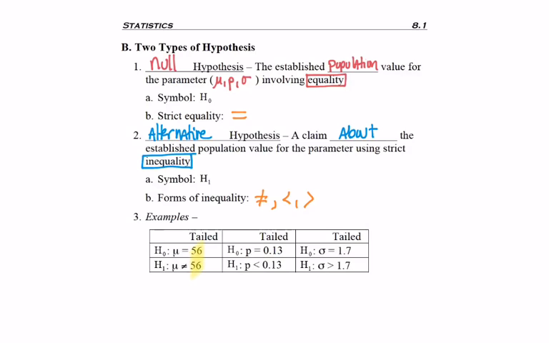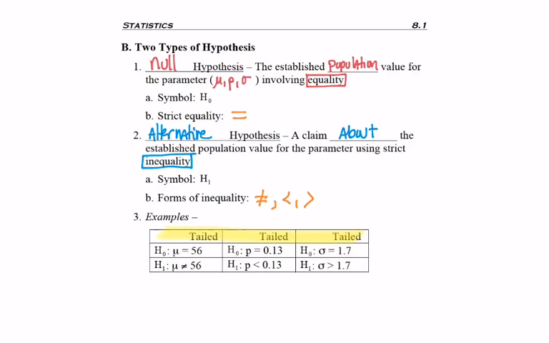And notice whatever number is used in H0 is always used in H1. So like in our Coke example, we would be using a 12 here because that's the population established value. And that's kind of what this first line is saying. The population standard deviation is 1.7. Somebody's claiming that it's actually greater than 1.7.